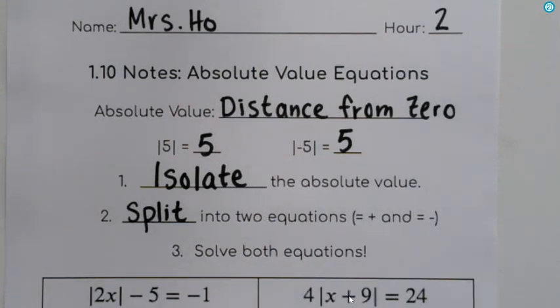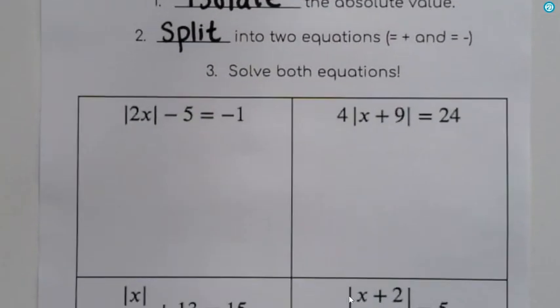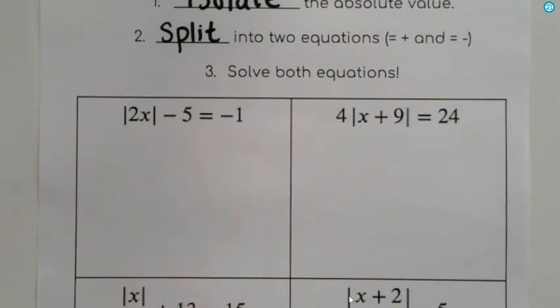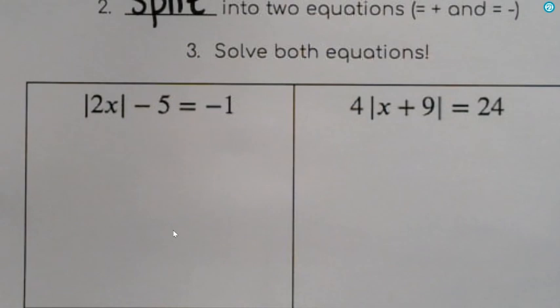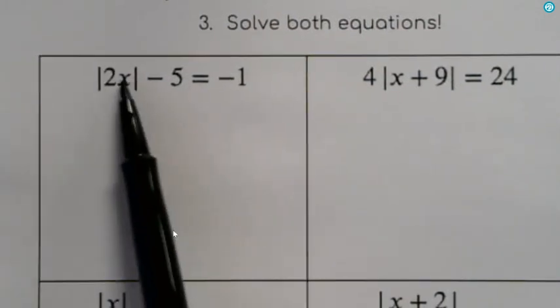Okay, any questions right now? Okay, let's dive into problems then. So step 1 on this first problem is going to be to isolate the absolute value. In this first problem, what is inside the absolute value? The 2x. Okay? So see how my absolute value lines are there? 2x is inside.